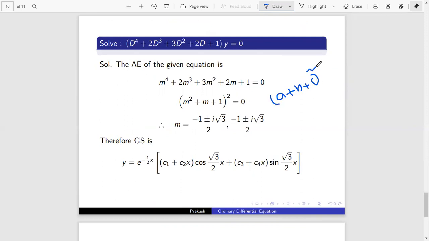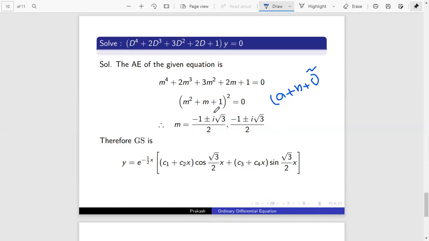How can we expand this? a square plus b square plus c square plus 2ab plus 2bc plus 2ca. If you expand this, you will get the first equation, and if you solve the equation, you will get the roots.